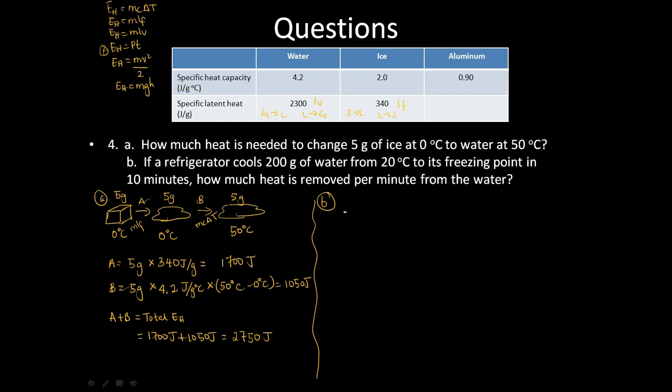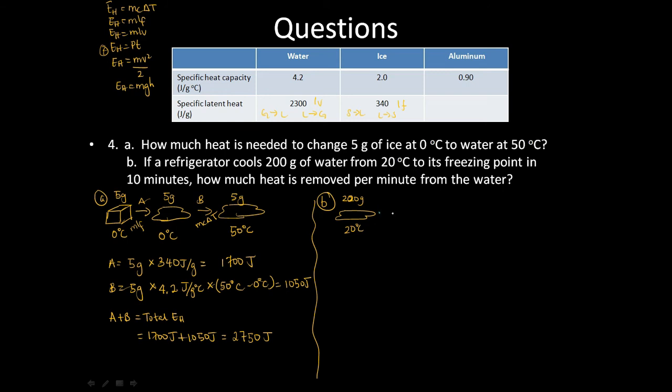So we're starting off with 200 grams of water at 20 degrees Celsius, and it's supposed to get to its freezing point. So we know that the freezing point of water is 0.